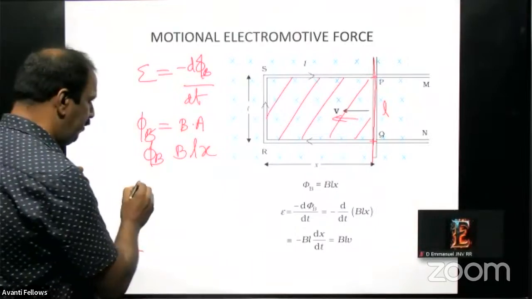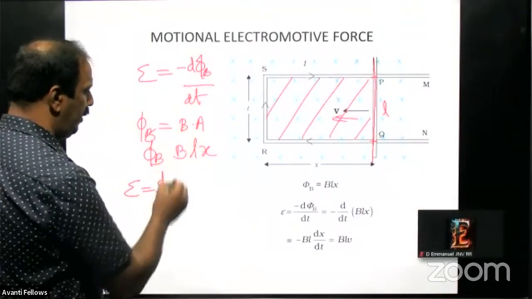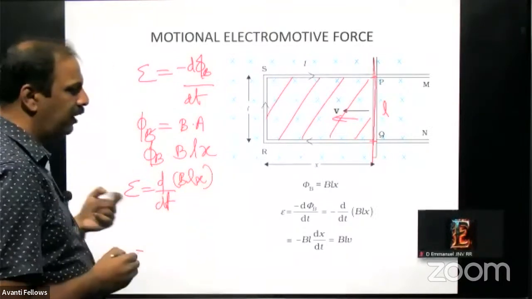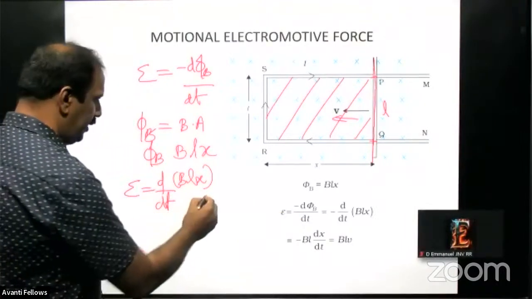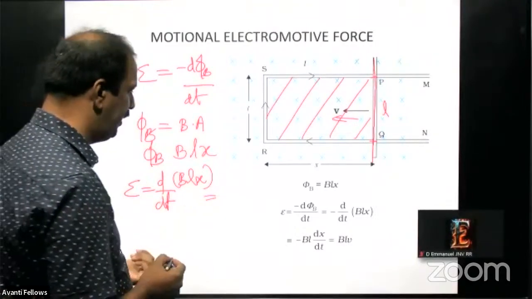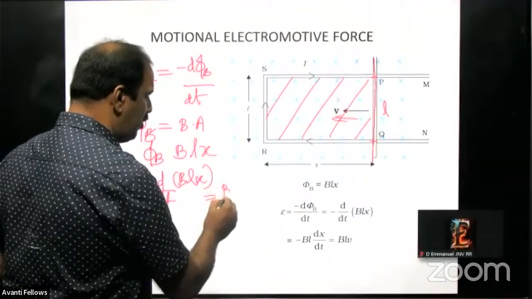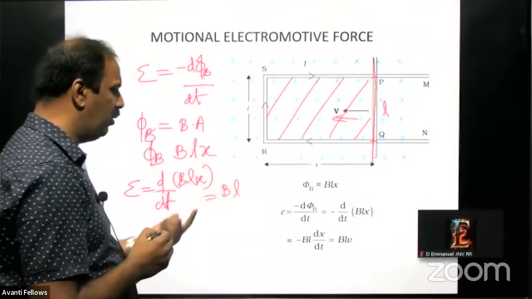Now what is EMF? That will be d by dt of this one, B L X. Now you see here, when you take the derivative, these constants you can take outside. Here the magnetic field is the same everywhere, so B we can take outside, and this L is also not changing, so L also we can take outside.